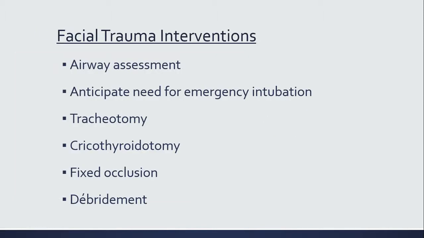You're anticipating the need not only for the emergency intubation, which would be their first choice, obviously. If they can't get a patient intubated, the structures have collapsed, there's some kind of issue with that upper respiratory system, they may have to do a tracheotomy. If the patient is not in a controlled setting, if they're not in the hospital, they may even do a cricothyroidotomy.